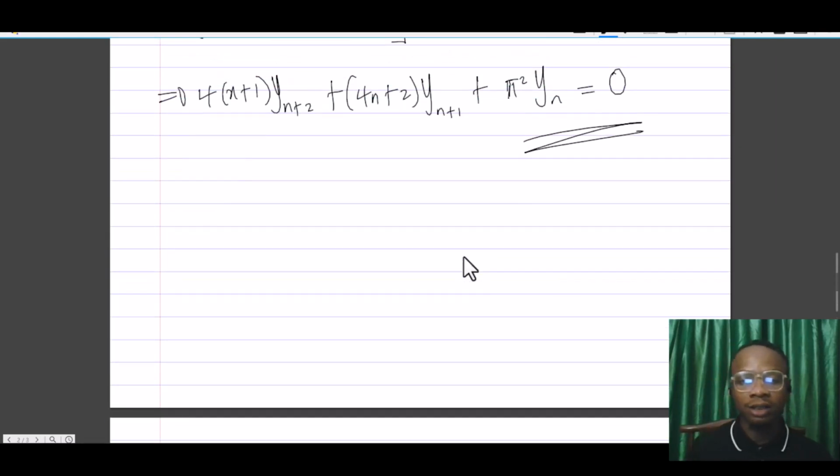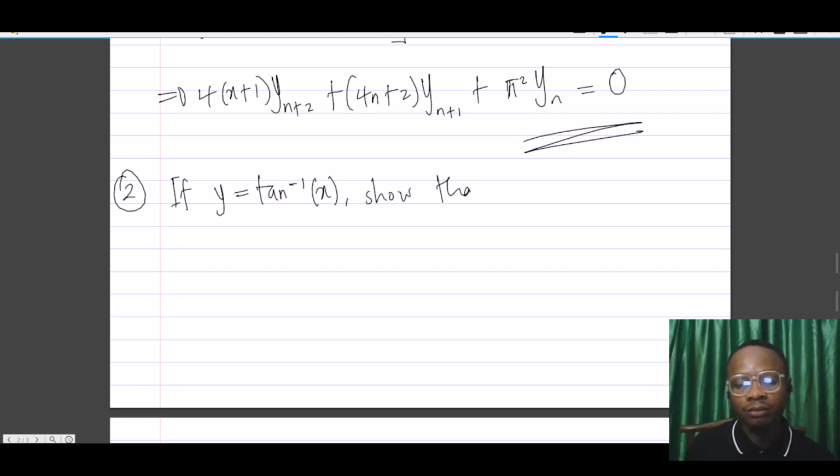So this will be our second problem now. Problem 2. We are told that if y equals the tan inverse of x, show that 1 minus x squared into y sub n plus 2... This is not exactly clear.